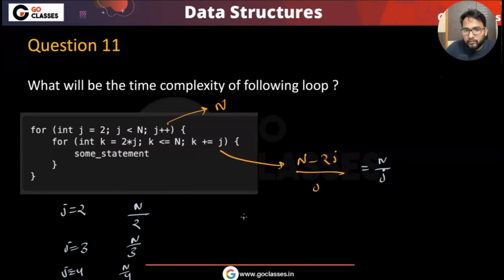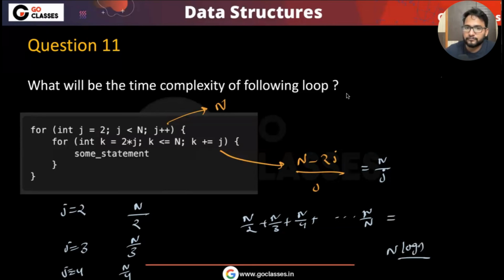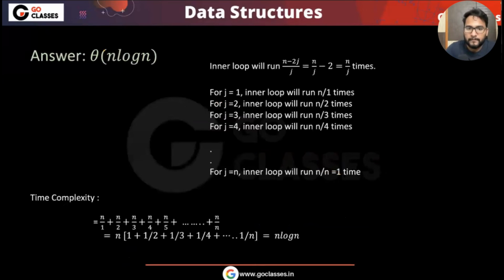Now you need to add all of this, right? N by 2 plus n by 3 plus n by 4 till n by n. If j is n, because at the last j will be n or n minus 1, does not matter. So basically you can take n common. So it is n log n, right? I hope that is fine.